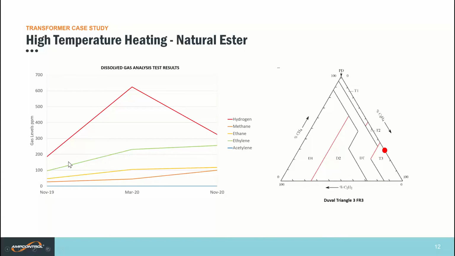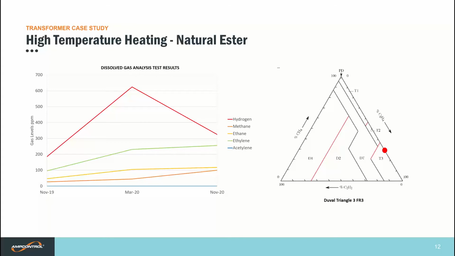Really this gas here, ethylene, is the interesting gas indicating high temperature heating. We analyzed the data via Duval Triangle 3 and Duval Triangle 7, and both give a consistent T3 thermal fault assessment, high temperature heating, going back to 2017.